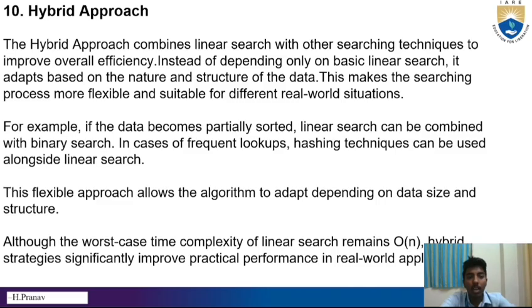For example, if the data is partially sorted, linear search can be combined with binary search. In cases of frequent lookups, hashing techniques can be used alongside linear search. This flexible approach allows the algorithm to adapt depending on data size and structure. Although the worst case time complexity of linear search remains the same, hybrid strategies significantly improve practical performance in real-world applications.